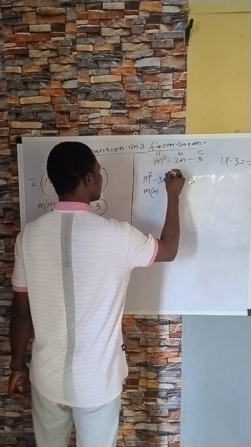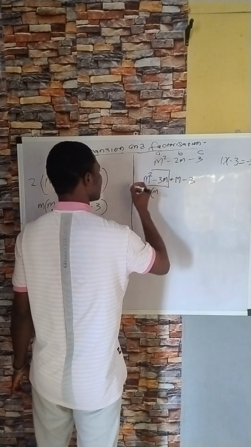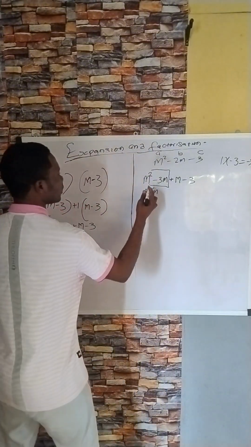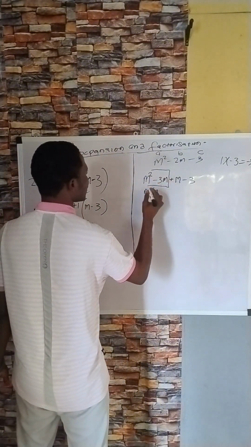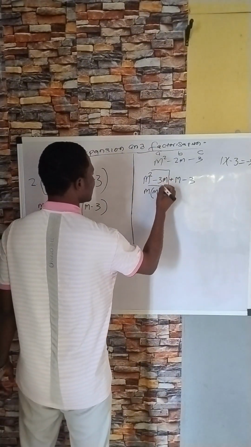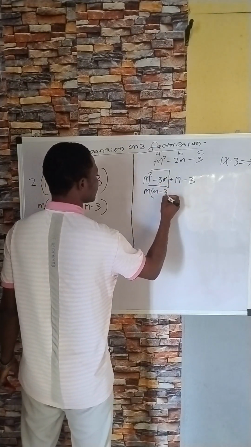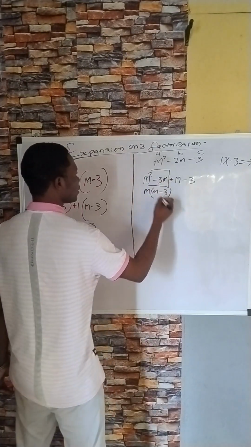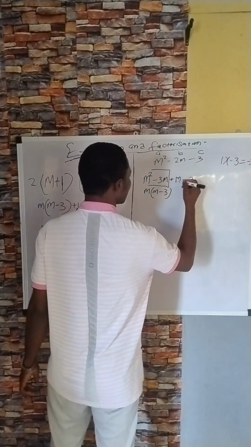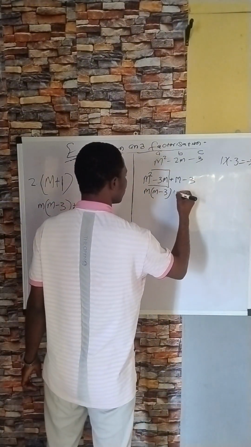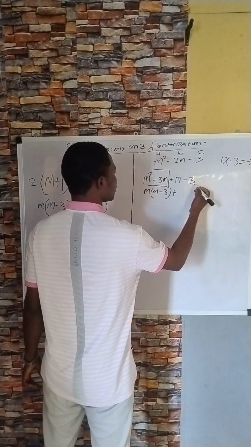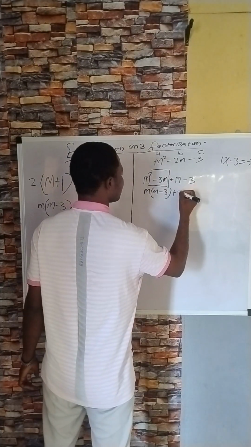Let's divide this way for clearer understanding. So what are the common factors here? m, and then here you get minus 3. Okay. Now, what about this side? Plus m.